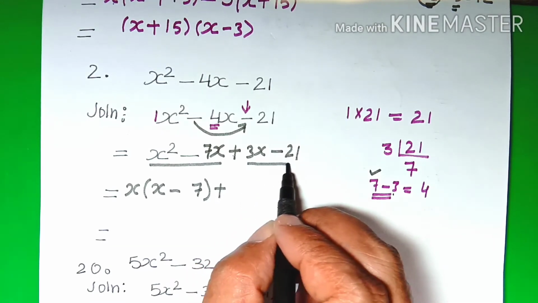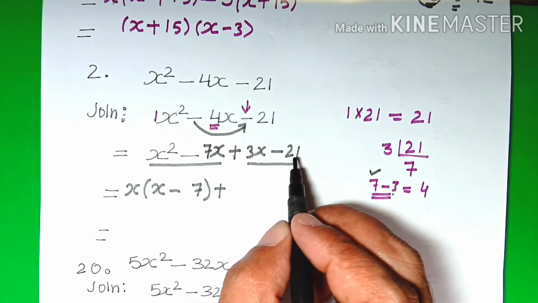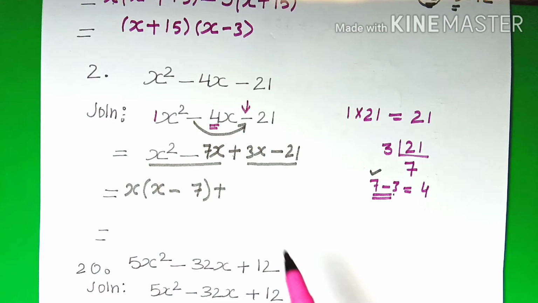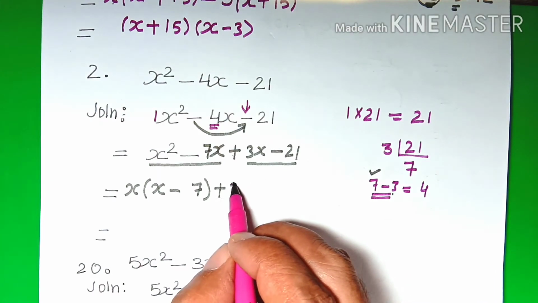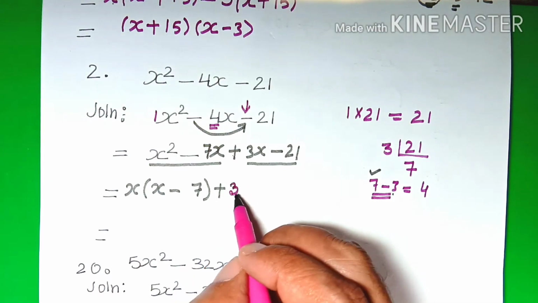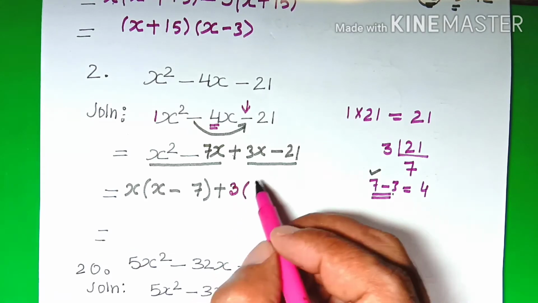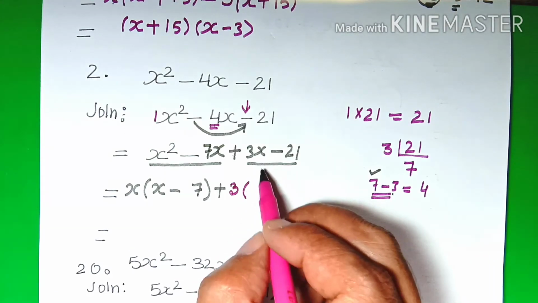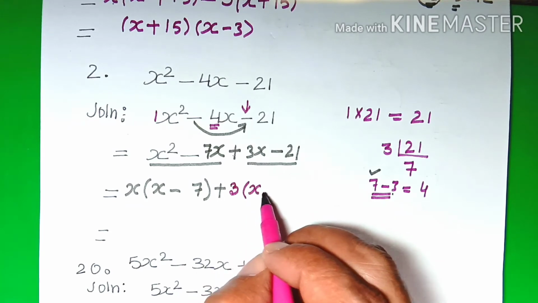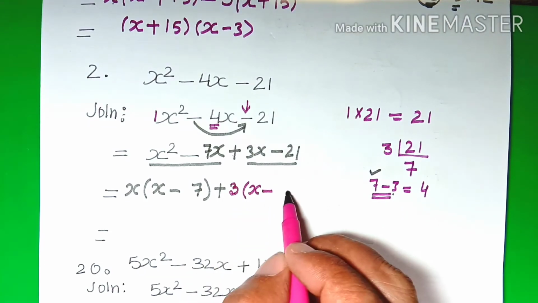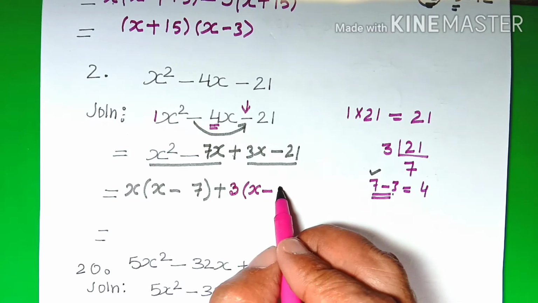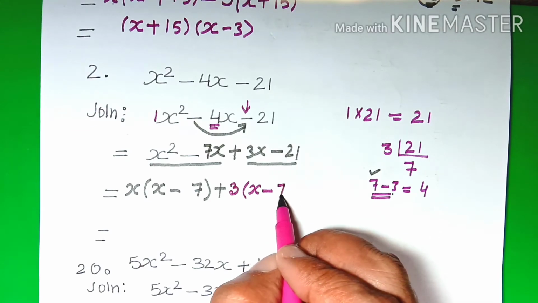The last two terms, 3 and 21, both are divisible by, yes, that is 3 table. So we are taking here highest common factor as 3. After taking away 3 as the highest common factor, here this term, the third term, is left with only x minus. 3 into how many times equal to 21? That is 3 into 7.